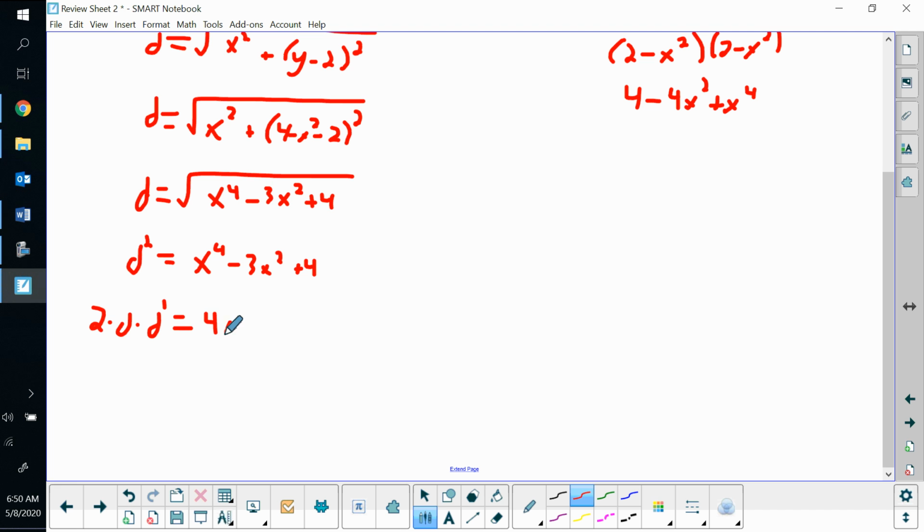And then this would be 4x cubed minus 6x. So again, the d prime will be 0, which will wipe out the whole left side. Over on the right, we can maybe pull out a 2x, leaving us with 2x squared minus 3. So if we set our 2x equal to 0, we just get x equals 0.